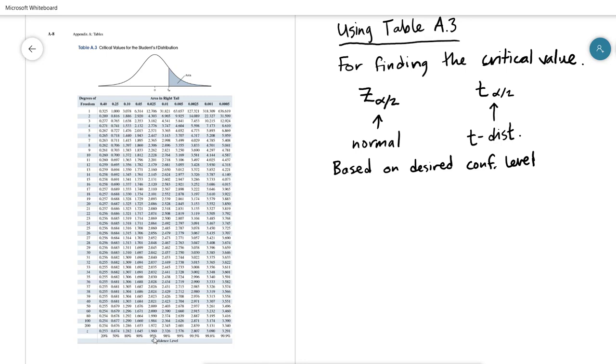So if we're interested in a 95% confidence level, this column is all the values related to a 95% confidence level. For a normal distribution, we'll be using this row labeled z. So if the confidence level, which on the calculator they call the C level, is 95%, then z sub alpha over 2 is, looking at our chart, this 1.96 that we've seen before.